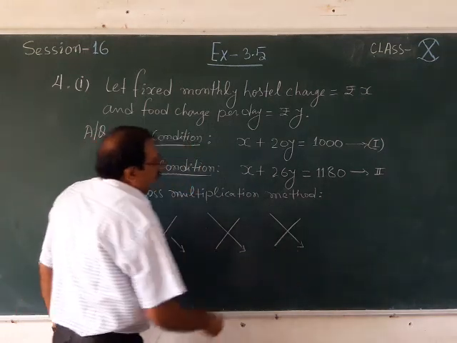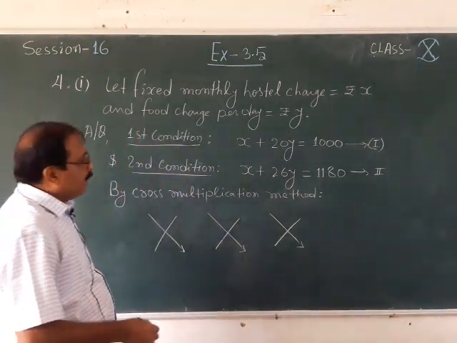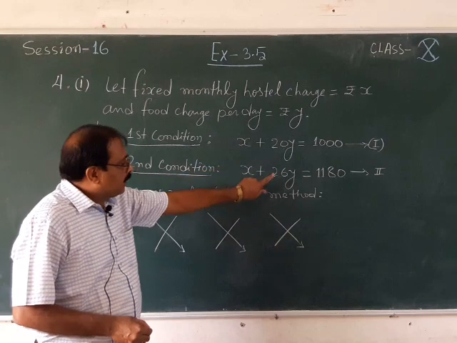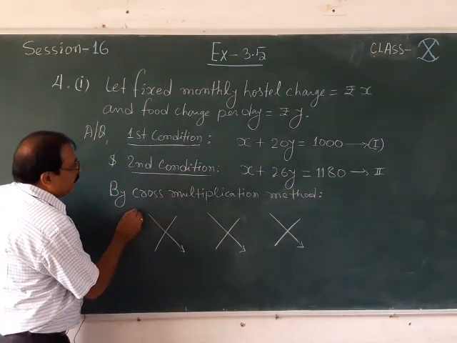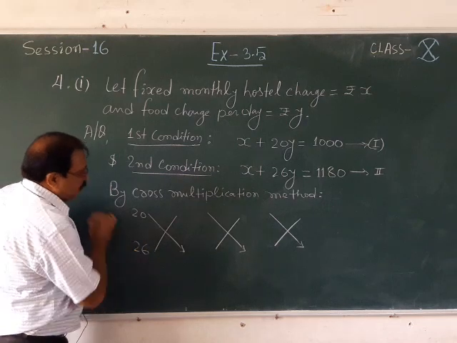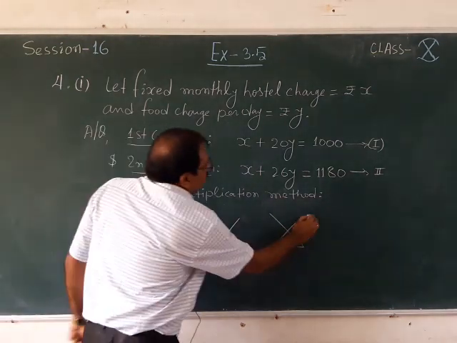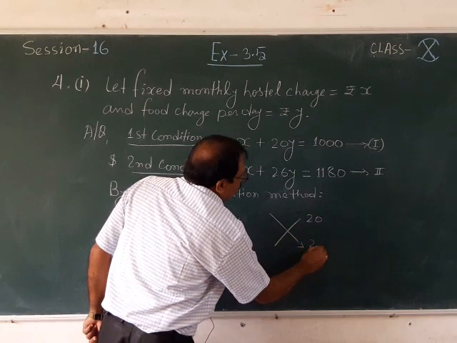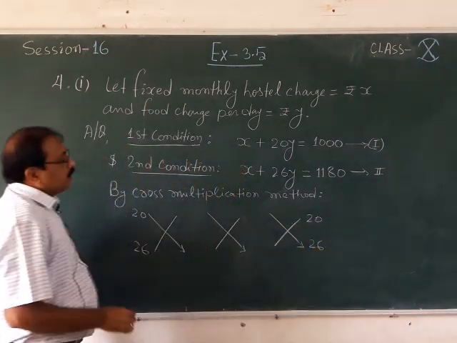Now first of all, I have to write the values of b1 and b2. So b1 is 20 and b2 is 26. So both sides I am going to write the values of b1 and b2, that is 20 and 26.